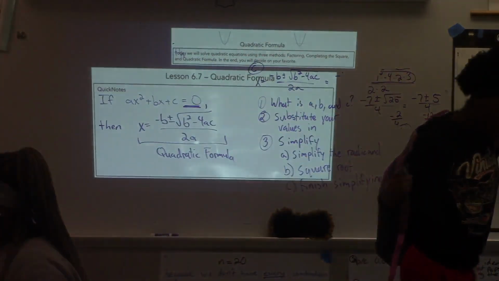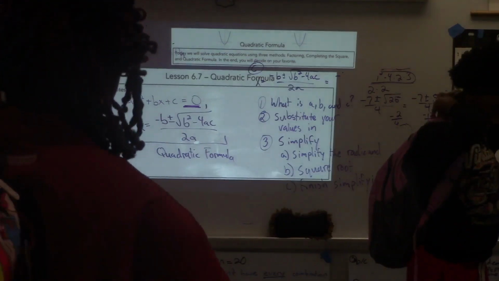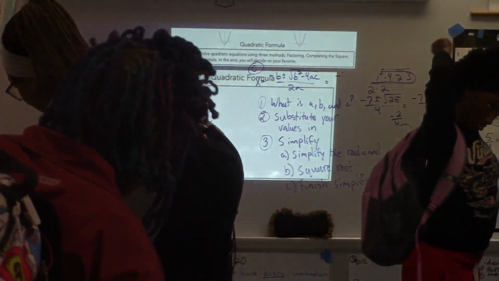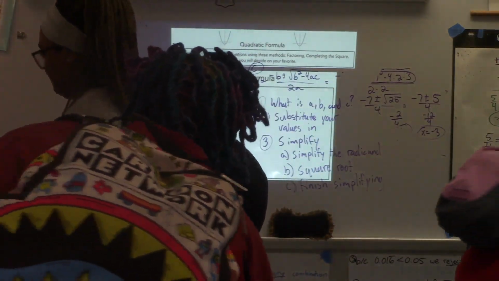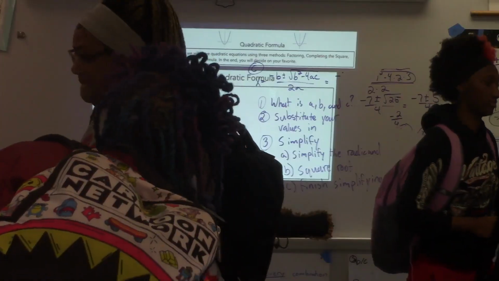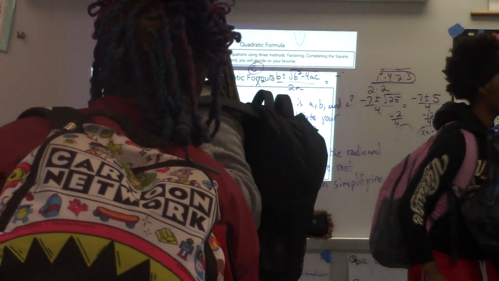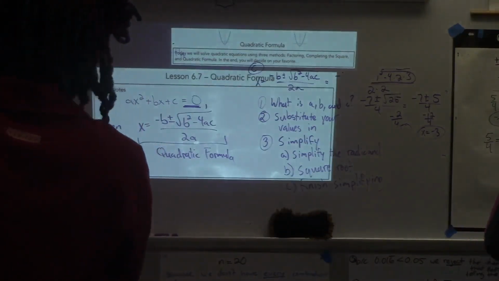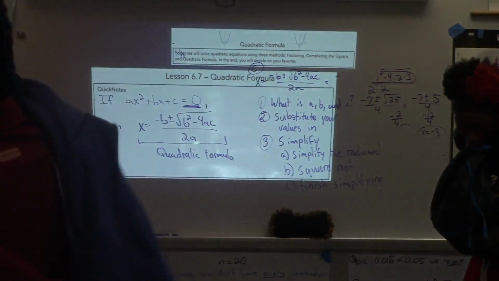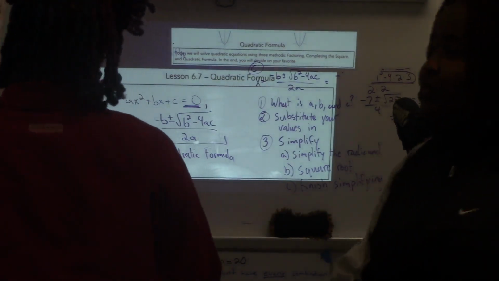Hey guys, I will also remind you, if you were to graph the quadratic function, those roots should be the same as your what? Not x and y. Your roots should be the same as your x-intercepts. Guys, if you take the time to graph your function, your roots should be the same as your x-intercepts. Take advantage of this.